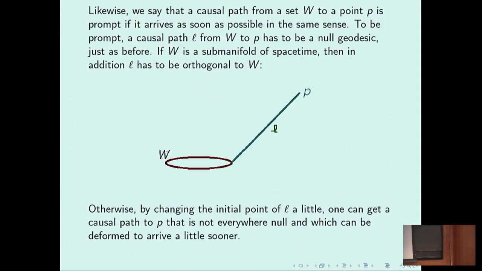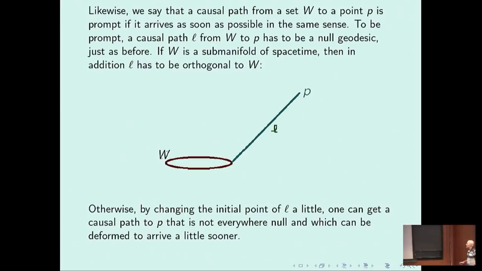If L is not orthogonal to W, if L leaves W at an angle, this is W and this is L. If L leaves W at an angle, then by moving the starting point closer to orthogonality, in Euclidean signature you would reduce the length, but in Lorentz signature you could move L into the past.